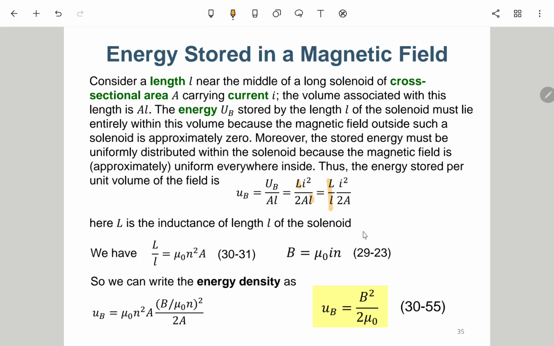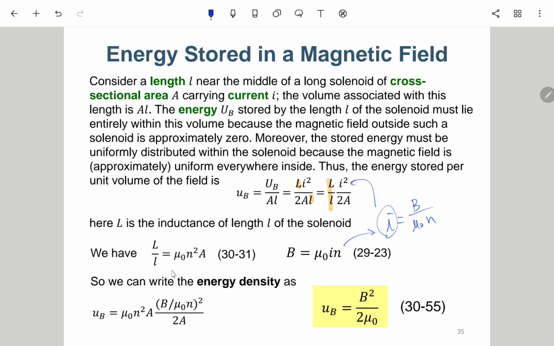Also, the B field generated by the solenoid is mu 0 i n. In such a way we can have i equals B over mu 0 n, and we can put this here.